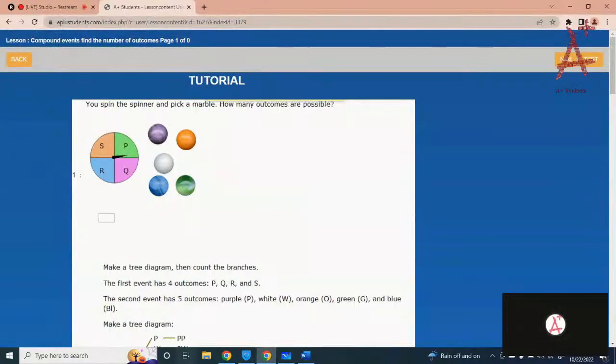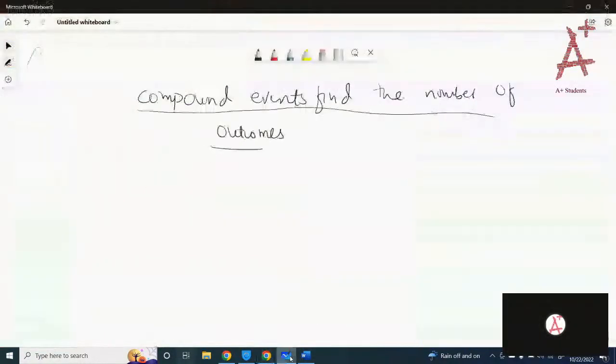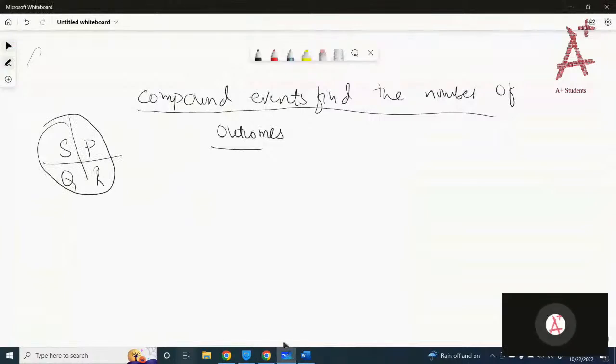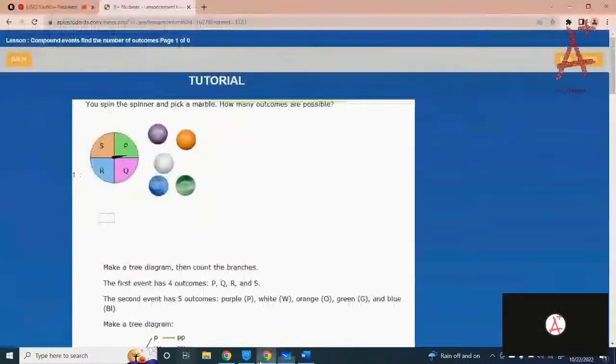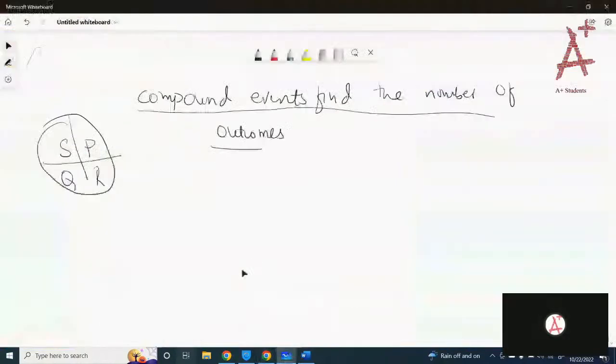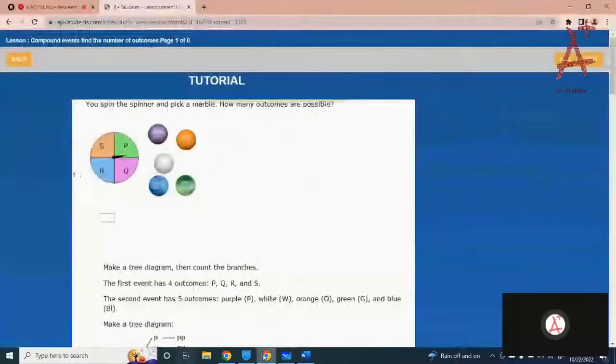You have 4 options on the spinner: S, P, Q, and R, and you have 5 options for the marble. They are purple, white, orange, green, and blue.